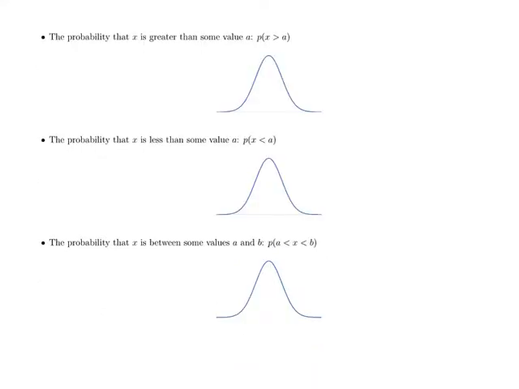We're also going to think about not just the mean, but a specific value. Let's say we have the mean in the middle, and some value a over here to the left. For the probability that x is greater than a, we're going to look at the area under that curve.